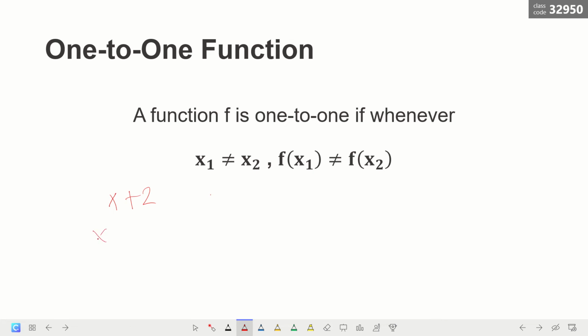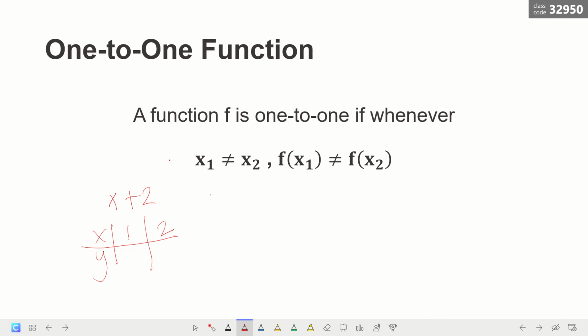We will make a table of values, and then we will put here 1 and here 2. What this means is that if x of 1 is not equal to x of 2, then the f of x, or the y values, should not be equal to each other.